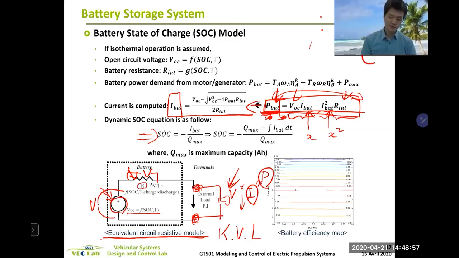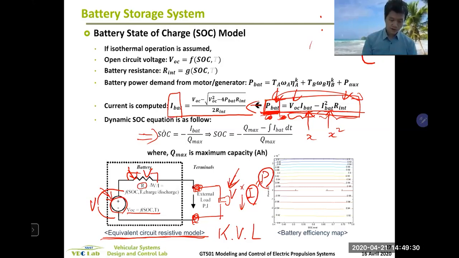Then what this is saying is we need to calculate current based on that value using resistance and open circuit voltage. We could also compute battery power using current, resistance and voltage, but this is backwards.